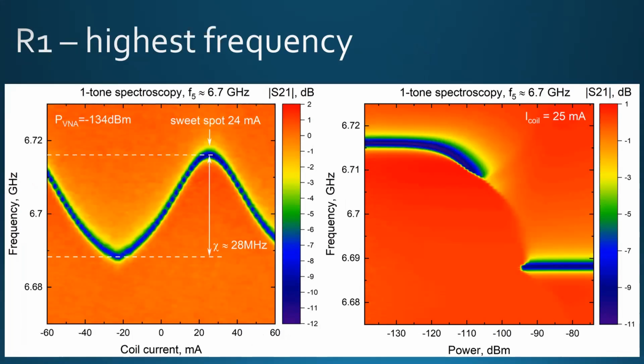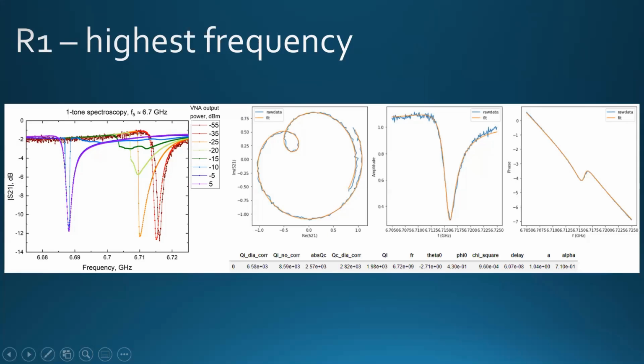Okay, so this is the resonator with the qubit, the one-tone spectroscopy of the resonator, which is coupled to a qubit and the second resonator. So here, this frequency change is smaller. It's 30 megahertz, but is again significant.